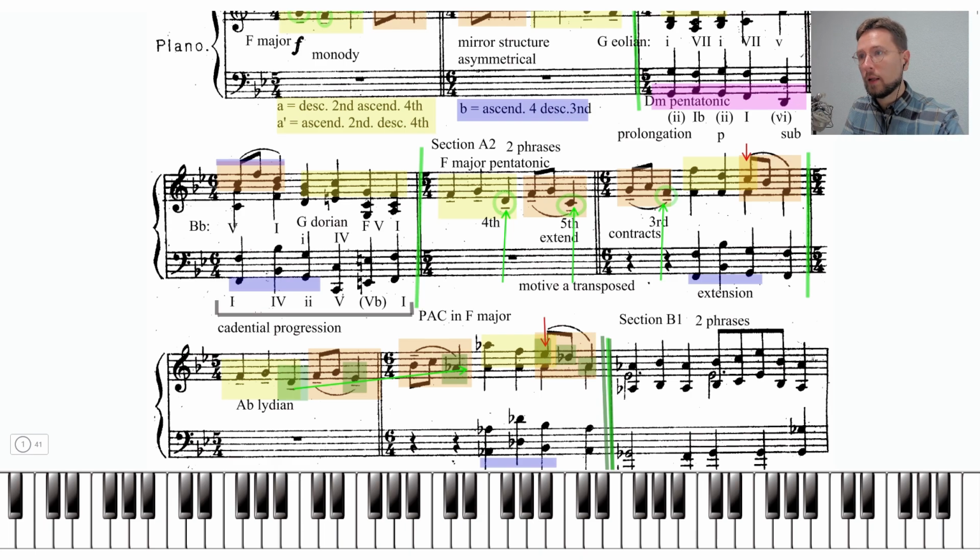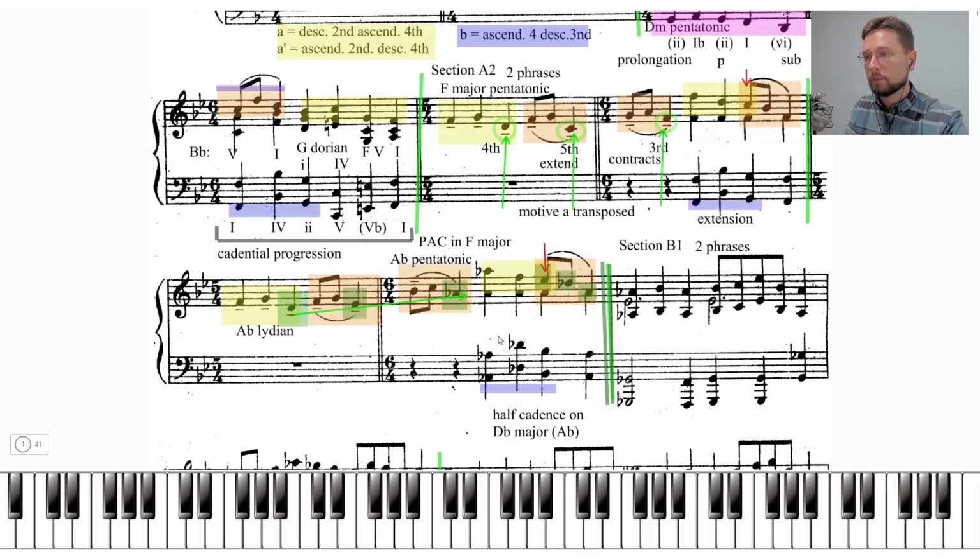Right, so the melody is first in F pentatonic and then it's in A flat pentatonic. And in order to do this, he has this little moment of A flat Lydian. You could call it Lydian because it's on A flat and that's the main key. Right. And that's how we arrived there.